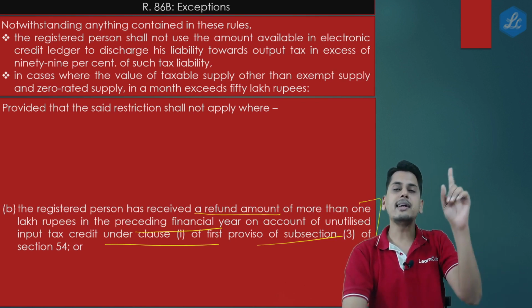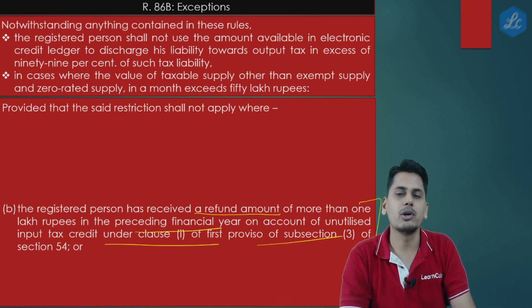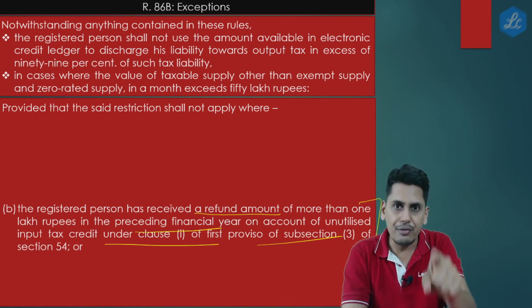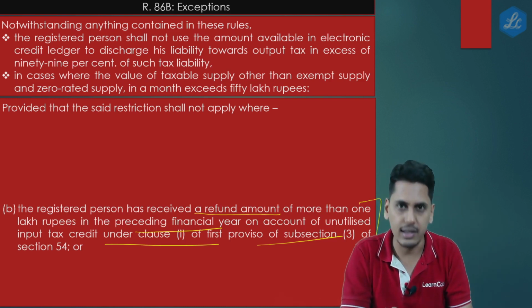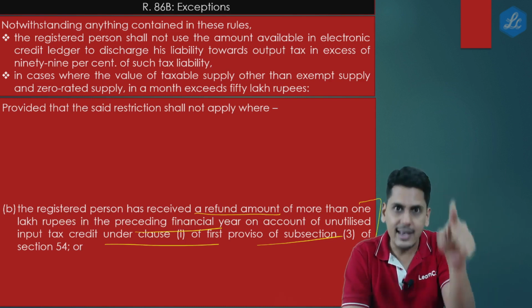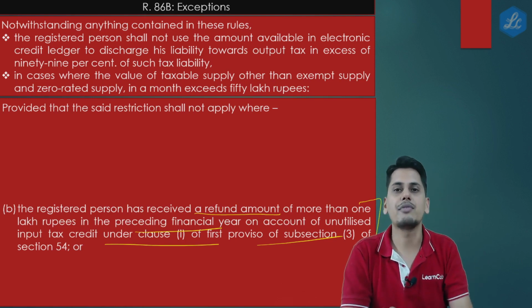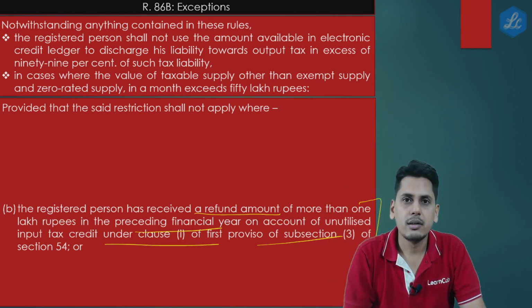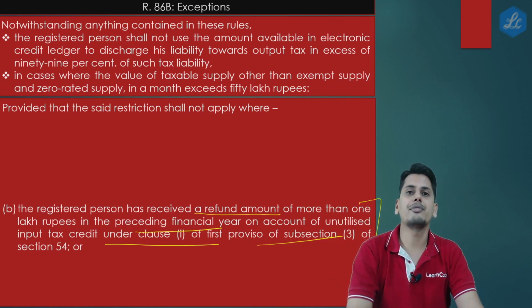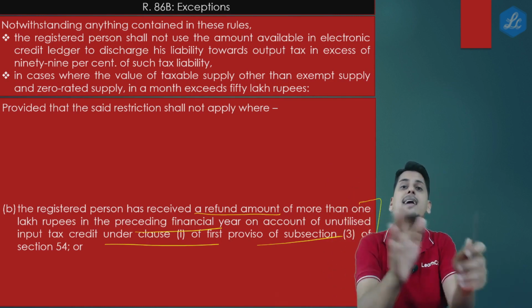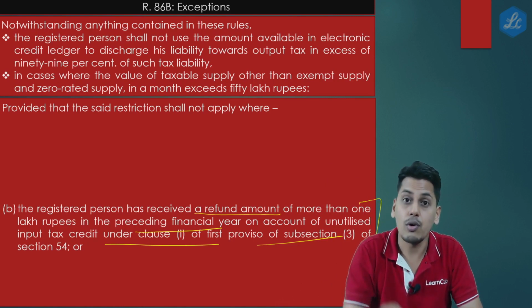It says 86B will not apply to those exporters who have claimed a refund of an amount exceeding rupees 1 lakh in the preceding financial year for making zero rated supplies under letter of undertaking. I repeat, if any exporter has claimed a refund of an amount exceeding rupees 1 lakh in the preceding financial year, for what reason?